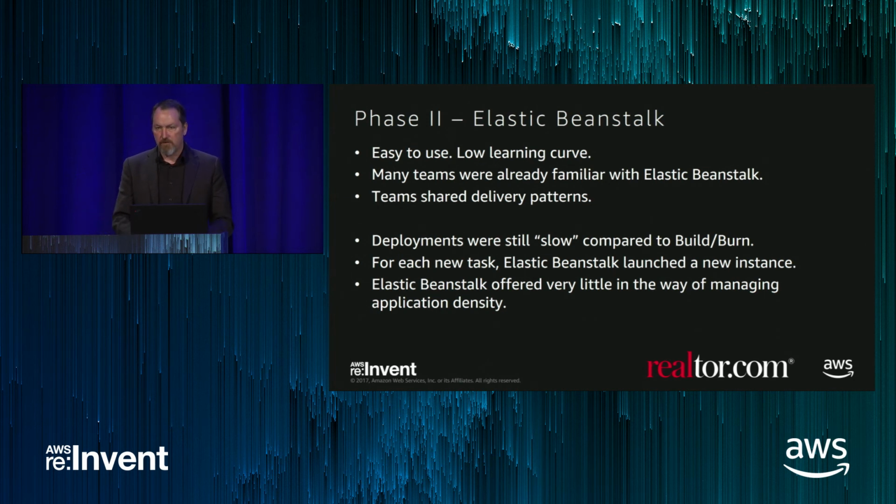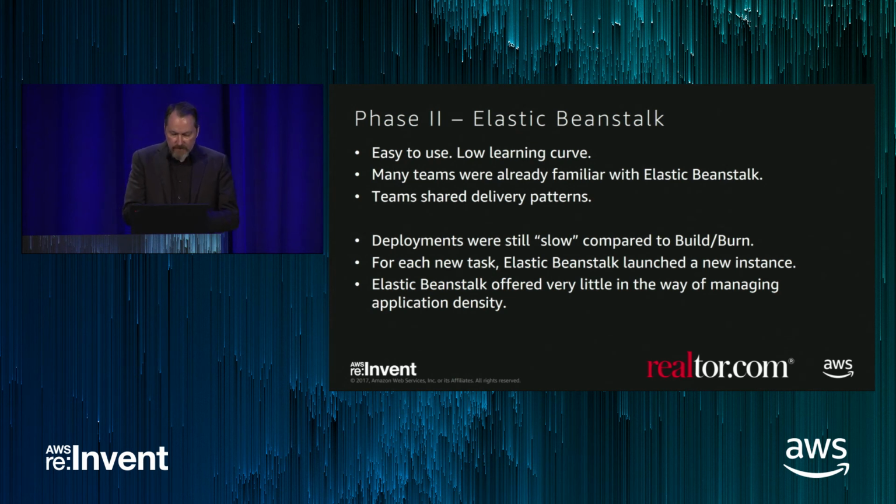Issues were that their deployments were still slow. And I have slow in quotes because an amazing thing happens to a developer when they move from on-prem to the cloud. Slow used to be 24 hours, now slow is 10 minutes. So we still wanted to improve the speed a bit.